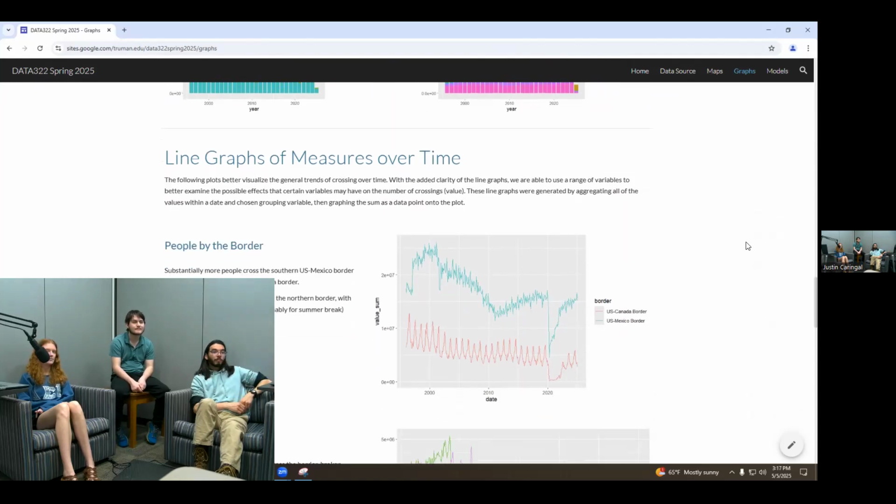We see that the U.S.-Mexico border has a lot more crossings, but the U.S.-Canada border has much more regular intervals, peaking in the summer months and dipping in the winter months. We think that this is due to summer breaks and various other breaks in that period as well.